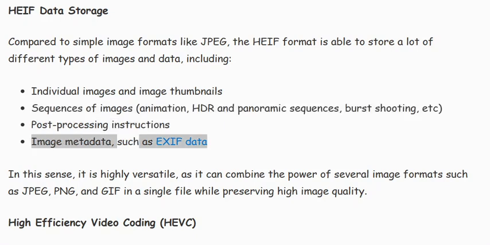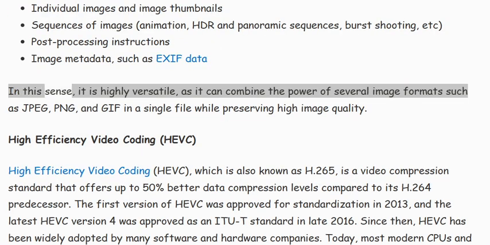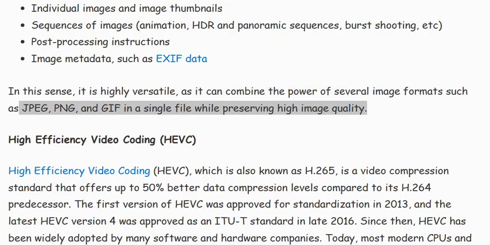Image metadata, such as EXIF data. In this sense, it is highly versatile, as it can combine the power of several image formats such as JPEG, PNG, and GIF in a single file while preserving high image quality.